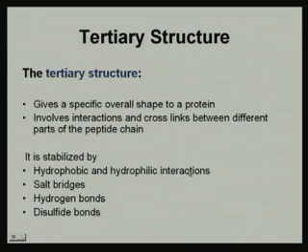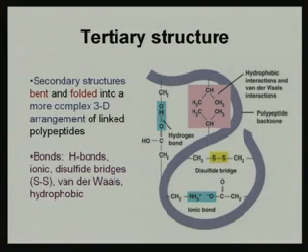Hydrophobic and hydrophilic interactions are there, salt bridges are there, hydrogen bonding and disulfide bonding, that is from the cysteine molecule. Cysteine is the amino acid which contains sulfur. Methionine is also another example of a sulfur containing amino acid. So when such types of amino acids are present, they form the disulfide bridges.